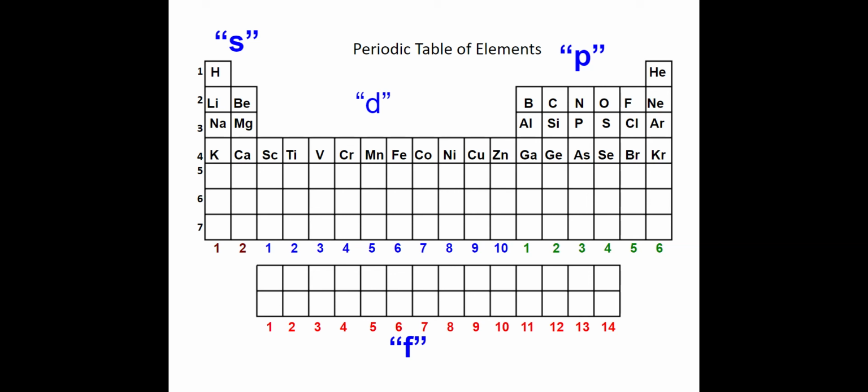For now, recognize that the left 2 columns are the S subshell. The 6 columns on the right are the P subshell. The transition elements are the D subshell, and the separate chunk listed underneath the rest is the F subshell.